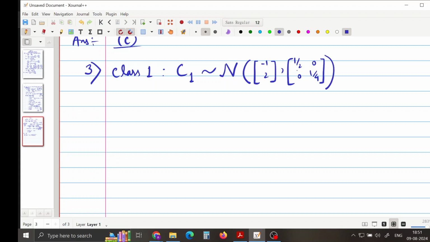Okay, and remember your lecture notes. So the notation that was used in the lectures was, this was mu1, that's the mean vector of the first class, and this was your covariance matrix. So the sigma notation was used, right? Okay, so this is your mean vector, and this is your covariance matrix.